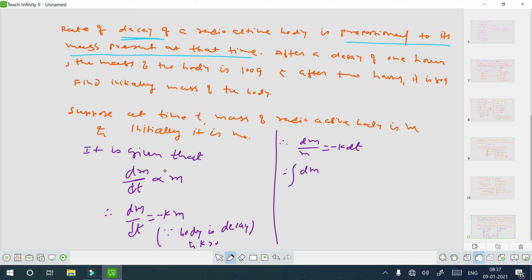So integrate dm by m is equal to minus k integral dt plus call as a c1. So log mod m is equal to minus kt plus c1. So m is equal to e raised to minus kt plus c1. So m is equal to e raised to minus kt into e raised to c1. So m is equal to c e raised to minus kt, where c is equal to e raised to c1, call as a new constant.